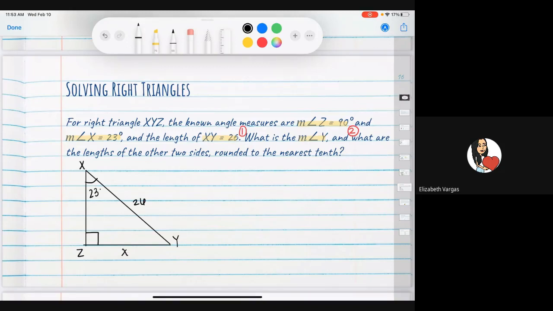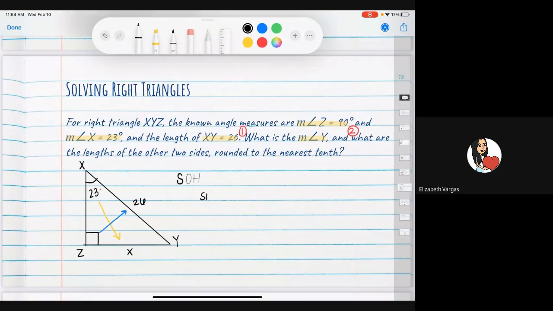What we'll identify is that YZ is an opposite, right? It is the opposite of 23. So if it is an opposite, then we're going to have to use an opposite. And we also have our hypotenuse, that which is opposite our 90-degree angle all the time. So we have an opposite and a hypotenuse. Well, what does this remind you of? It reminds you of SOH, which means that we're going to use our sine to find the missing measure of our opposite.